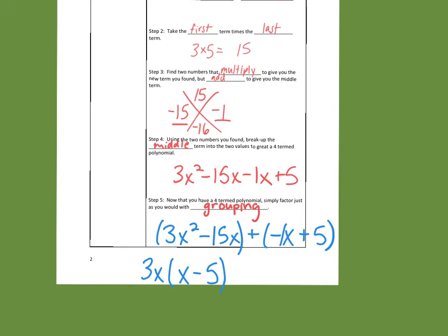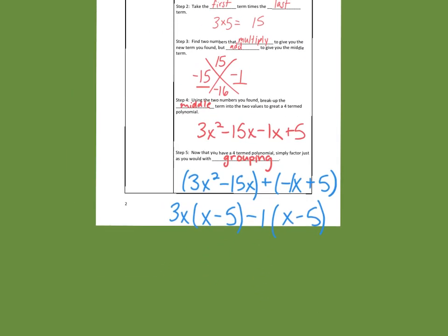Okay, the next set of parentheses, what do these have in common? 1, but what do we say about if the front term was negative? Negative 1 is what we're going to want to pull out. Okay, so I'm going to pull out a negative 1, and what's going to be left? X minus 5. Do these match? Yup, we're golden.